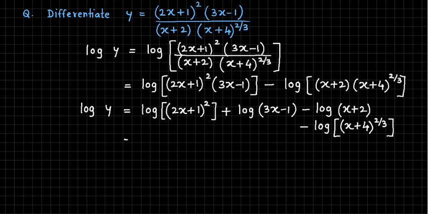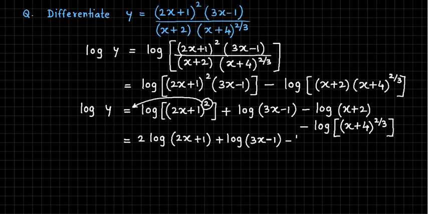Now if you want we can simplify that further, that is, the index 2 can be brought down as a multiplier. So that is 2 log of 2x plus 1 plus second term as it is, which is log of 3x minus 1, minus third term also as it is, that is log of x plus 2, and minus the last term, 2 by 3 into log of x plus 4.